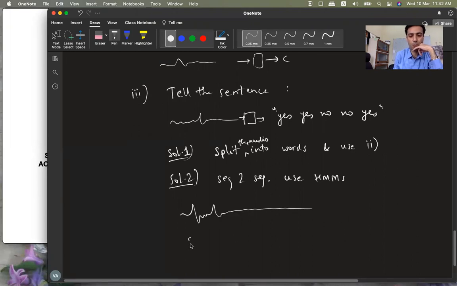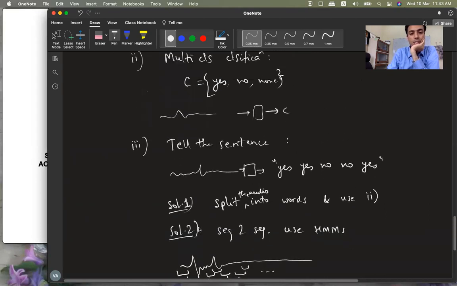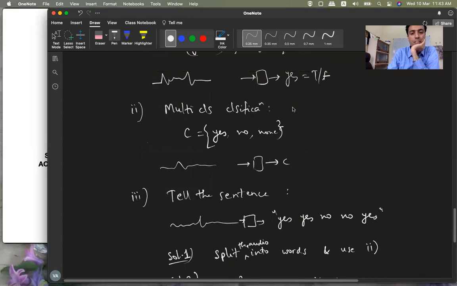Number 1, you split the audio into windows, right? You get small windows. Right? Now this is step 1. Then what you do, you use this multi-class classification.